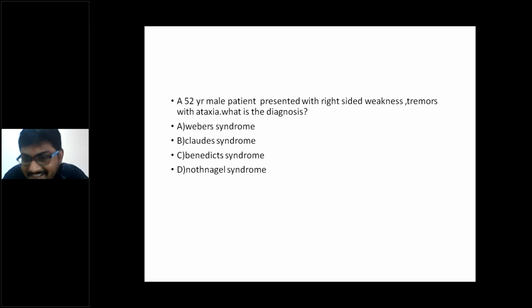Okay, at least see and tell. Please tell, what are the midbrain syndromes? Names of the midbrain syndromes. I have given you the mnemonic also.